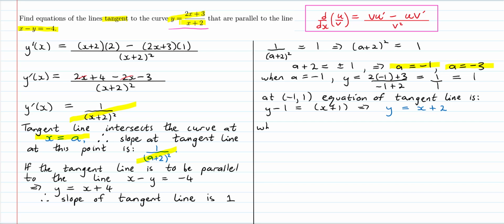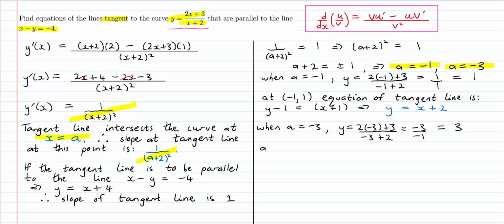When a is equal to negative 3, y is equal to (2 times negative 3 plus 3) over (negative 3 plus 2), which is 2 times negative 3 is negative 6, plus 3 is negative 3, and negative 3 plus 2 is negative 1, so y is equal to 3.